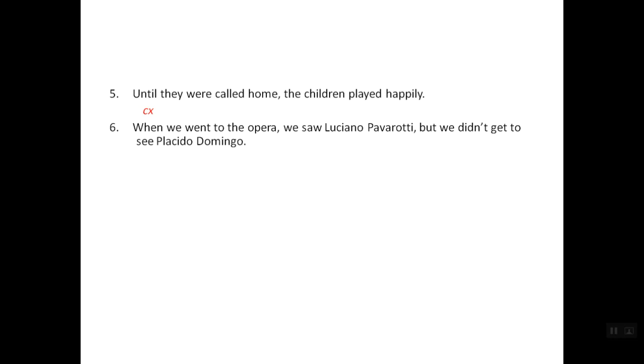And we have another independent clause: we didn't get to see Placido Domingo. So we have 2 independent clauses and 1 dependent clause. So what do we call this? 2 independent clauses, so it's something related to the word compound, right? So it is, yes, a compound-complex sentence.